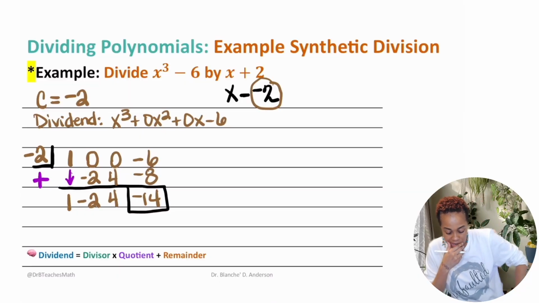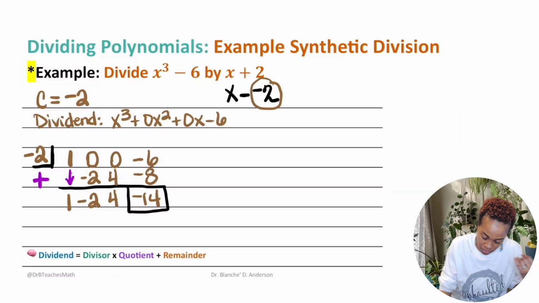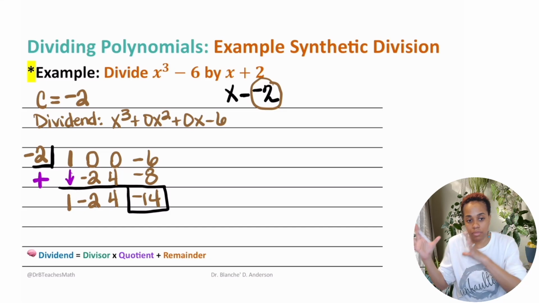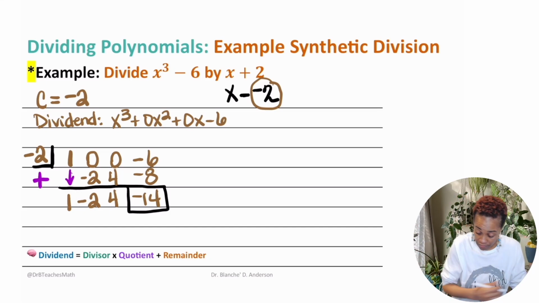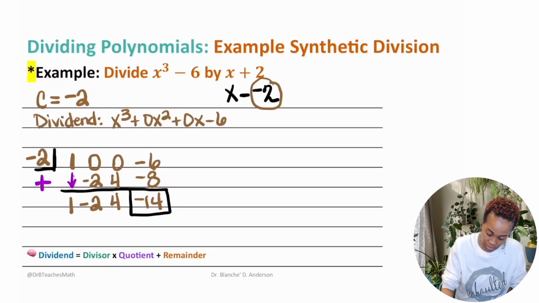Yep, that's my remainder. Now if I'm switching back from coefficients to variables, because my dividend started with an x cubed, this needs to now start with an x squared. So if I were to rewrite this, this is 1x squared minus 2x plus 4.